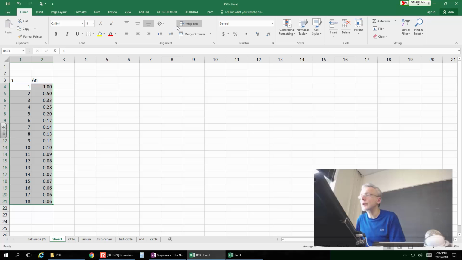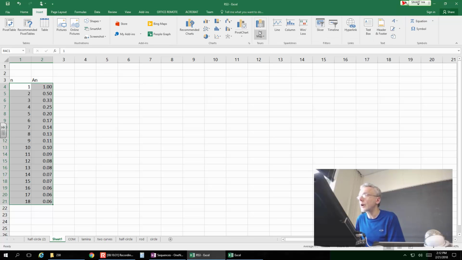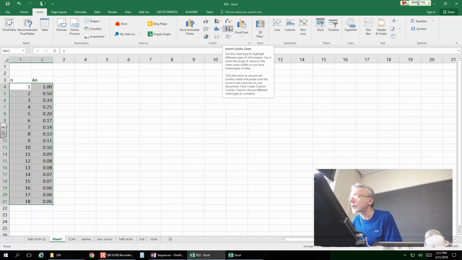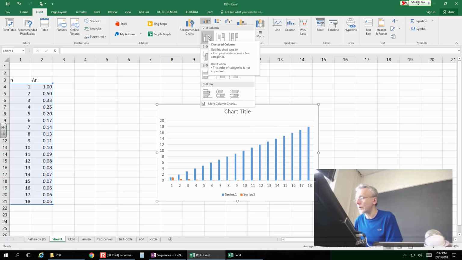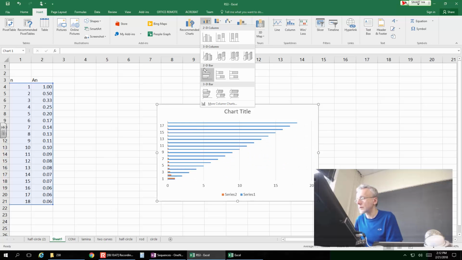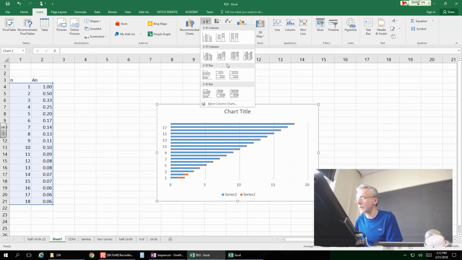So I highlight and I do a chart. Let's see, a good chart. What is this? Waterfall. Okay, this would be okay. No, it's not. There's just too many varieties.